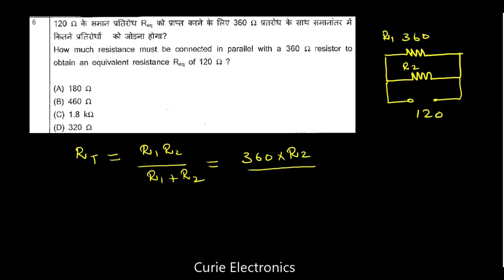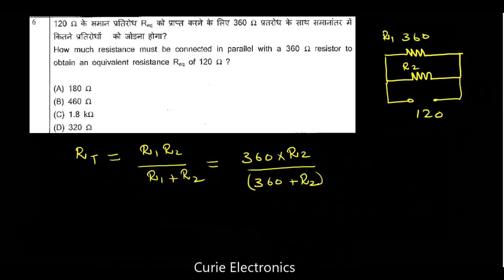Now we can write RT equals the parallel combination, R1 R2 upon R1 plus R2. That is 360 multiplied by R2, which we don't know, upon 360 plus R2. We have to find the value of R2.